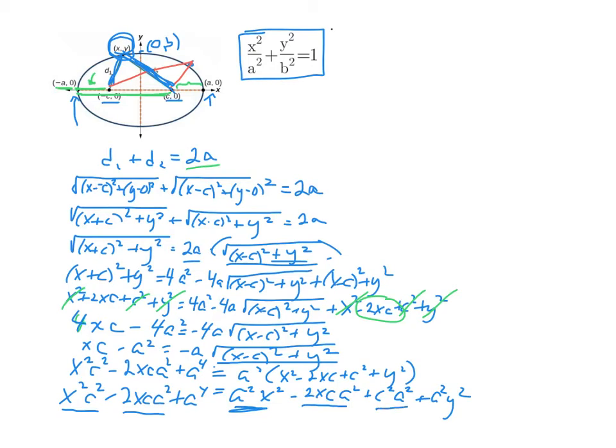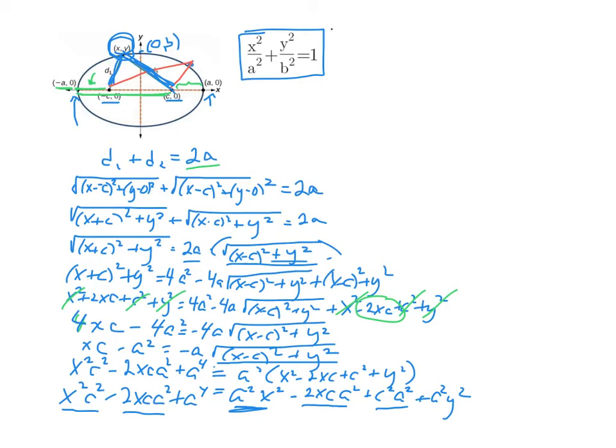So basically put your x and your y squares on the right and keep your a's and c's on the left. And what we end up with is x squared, c squared, no wait, that's going to go on the right.